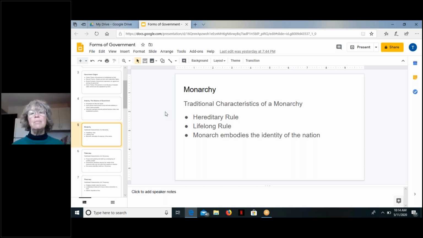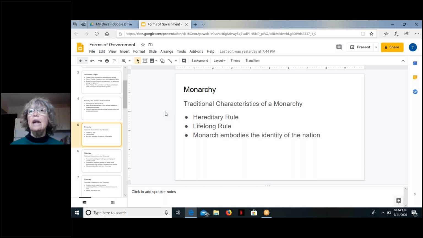We're pretty familiar with monarchy. There's a king and a queen who's in charge. And the marks of monarchy is hereditary rule, meaning that the king or the queen rules through a line. It's a family line. And as soon as the king or the queen dies, that ruler is then that king or queen's family member, typically a son or daughter, that then takes over, and so on.